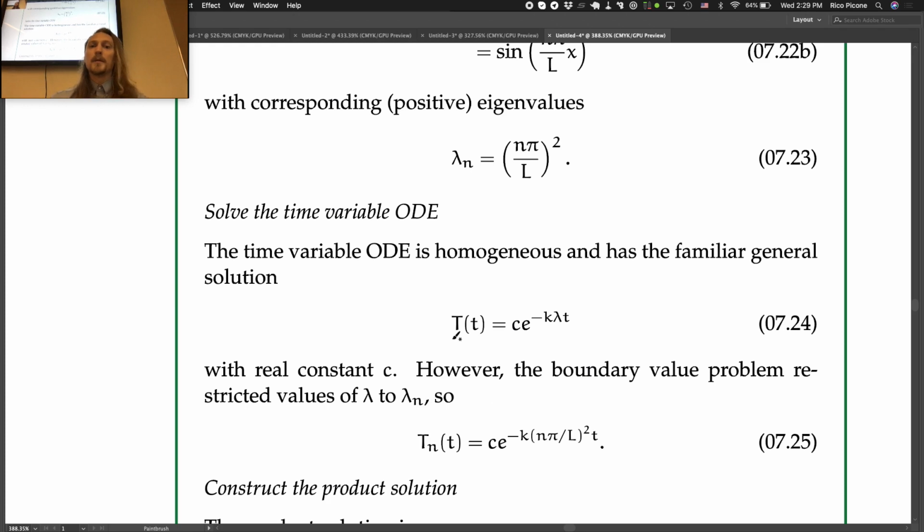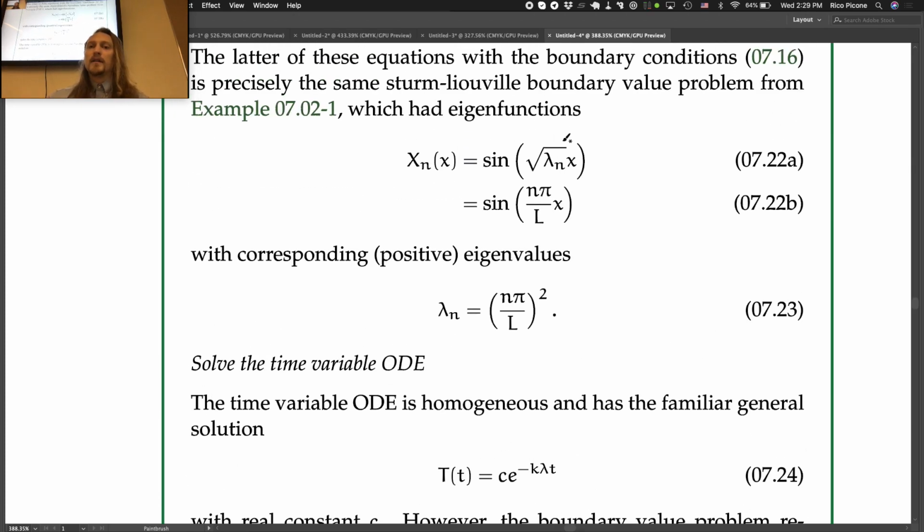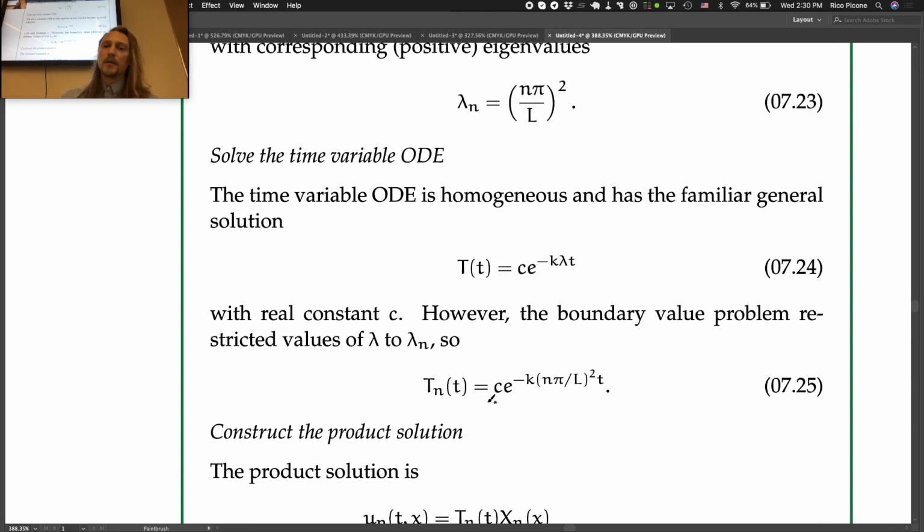So the boundary value problem said, okay, the spatial solution is correct for the boundary value problem as long as this is what lambda is and this is what X is. So lambda has been restricted now, so we'll restrict our time solution to those same lambdas.